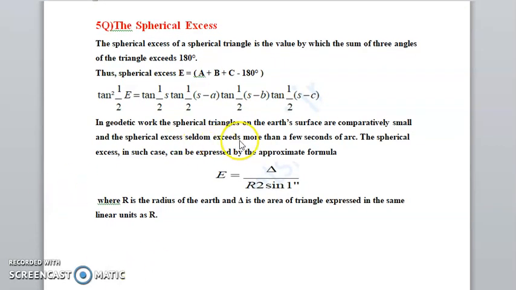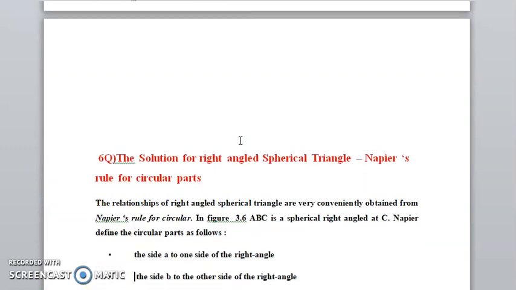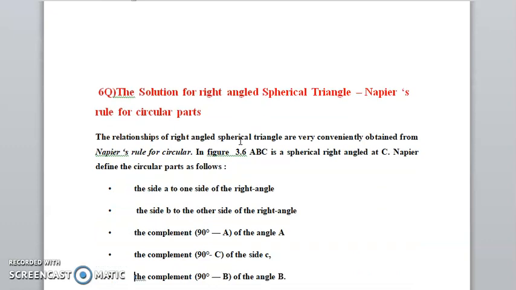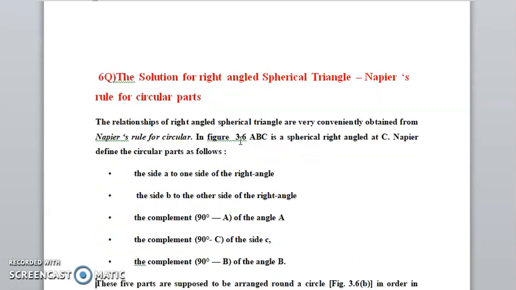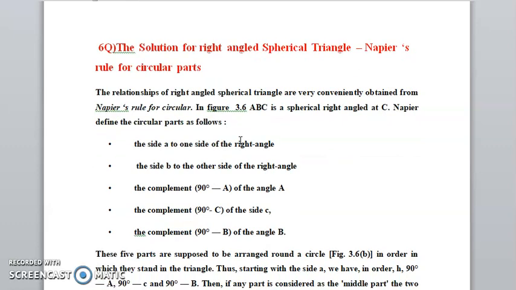Then we will explain the solution of right angle spherical triangles, Napier's rules of circular parts. The relationships of a right angle spherical triangle are very conveniently obtained from Napier's rules of circular parts.